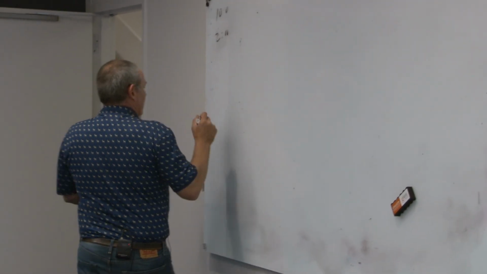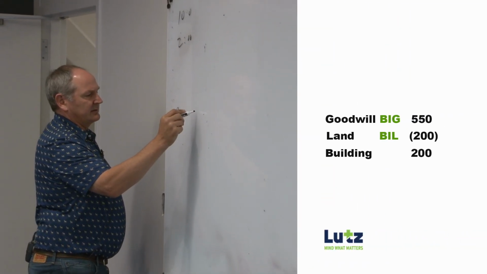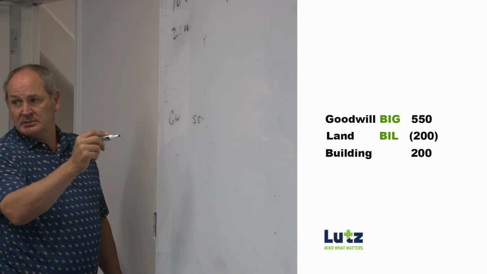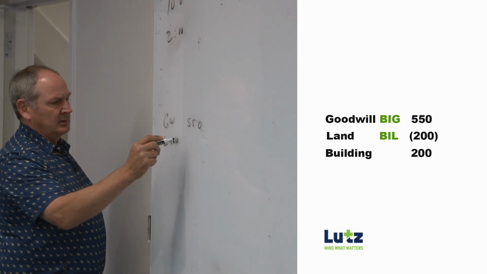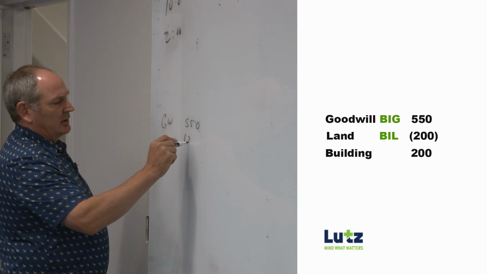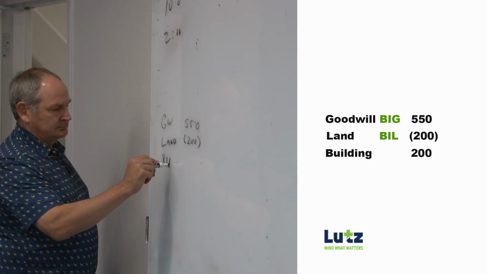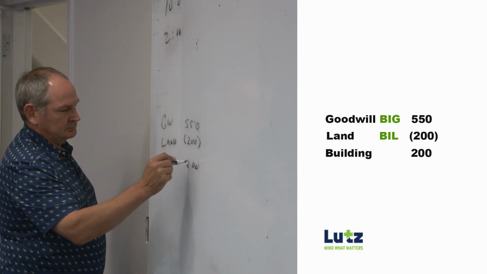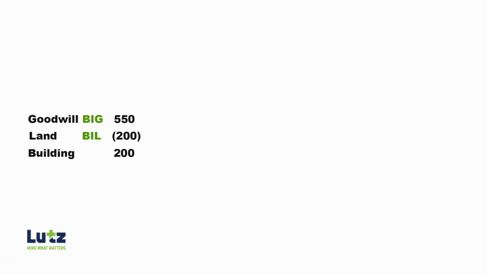Okay, I think I had goodwill of 550. Is that what it was? Built-in gains. Yeah. And I had land. Was it land? Yeah, built-in loss of 200, and then building 200. Okay. Actually, that works out nicely, accidentally.